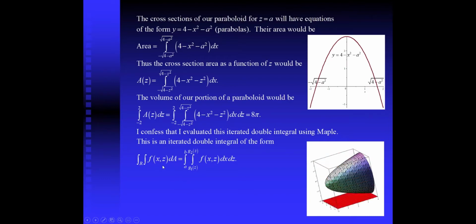The double integral of f dA can be iterated as an integral where z goes from a to b, in this case -2 to 2, and x goes from some function of z to another function of z, and you can see what that was here, of the function of, in this case, x and z that we're integrating.